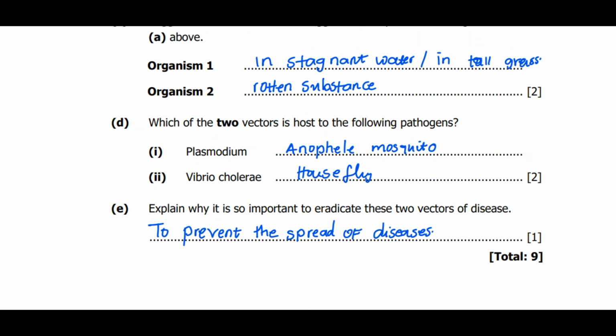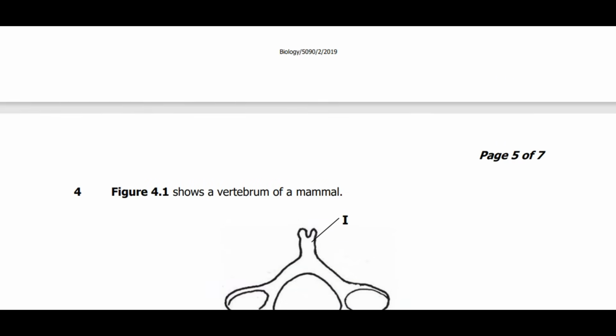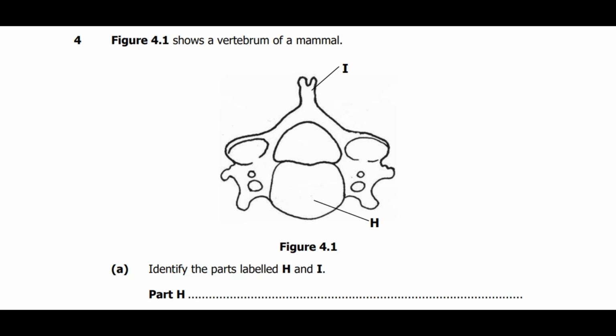Okay, so now let's move on to question 4. Question 4, figure 4.1 shows a vertebra of a mammal. So we have what we call a vertebral column, and you need to look at the total number of bones that are found there.